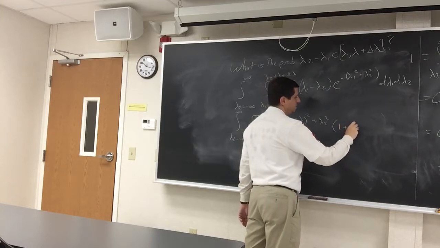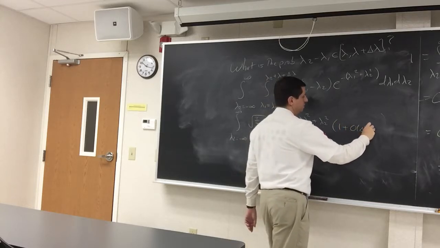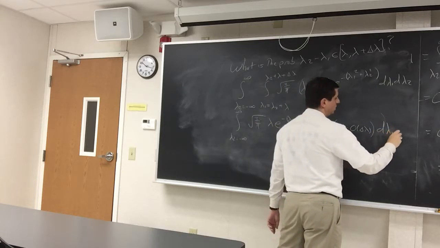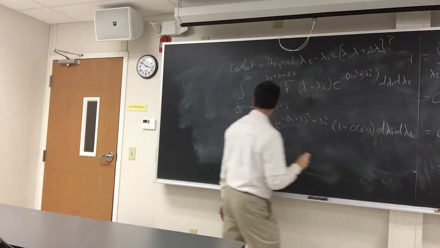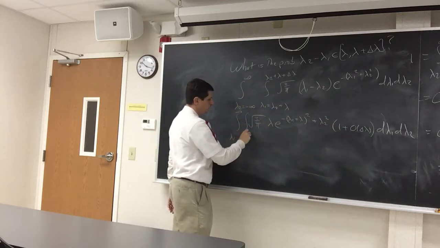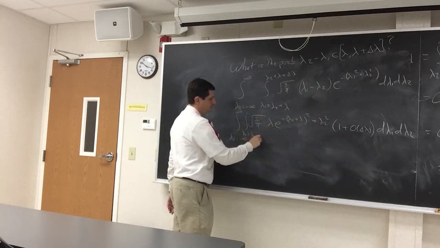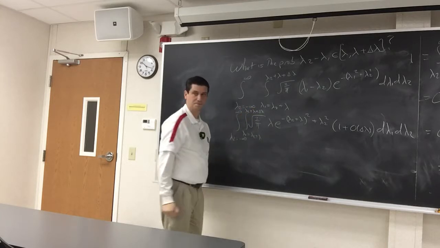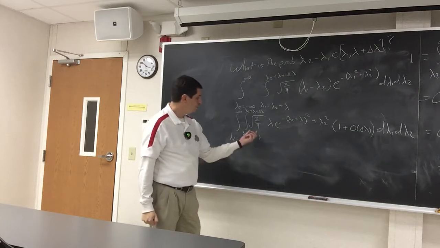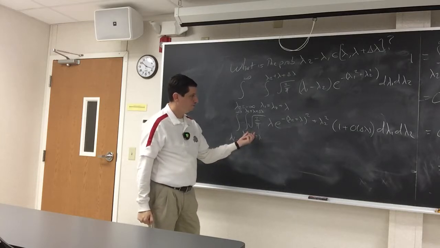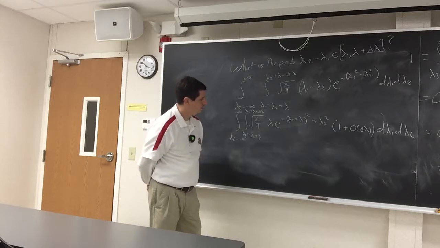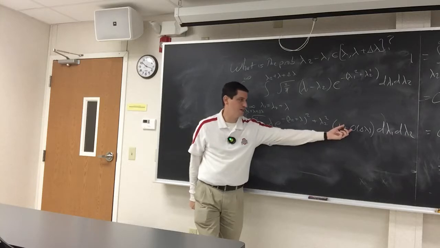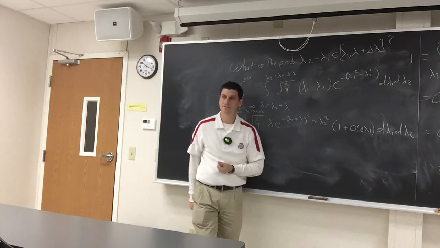One plus something of size delta lambda, d lambda 1, d lambda 2, and lambda 1 is going to go from lambda 2 plus lambda to lambda 2 plus lambda plus delta lambda. So when I do the lambda 1 integration, all that really matters is the 1. The error of size delta lambda doesn't really matter.